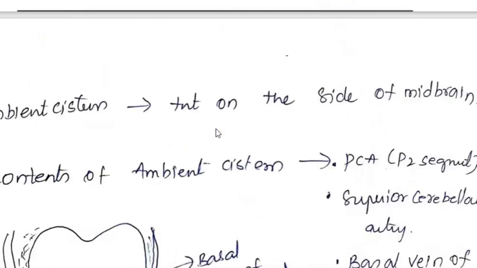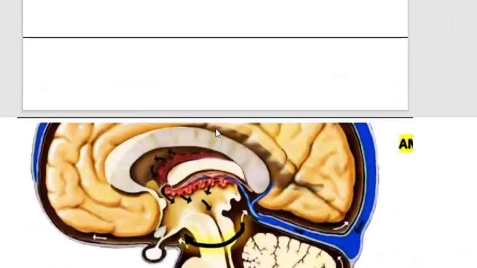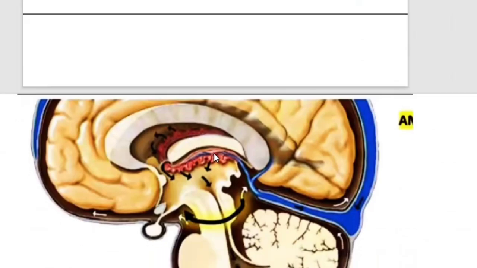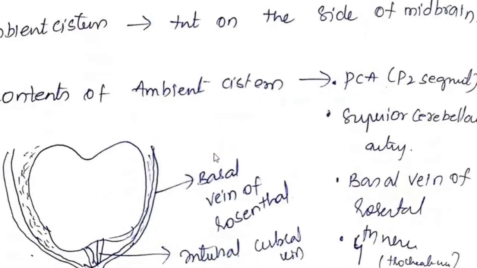First we'll discuss the ambient system, then I'll tell you how the contents, the PCA and vein of Galen, are arranged. The ambient system is present on the sides of the midbrain.